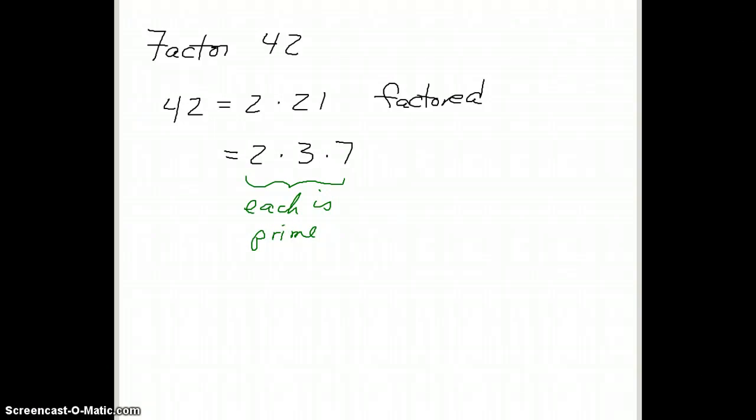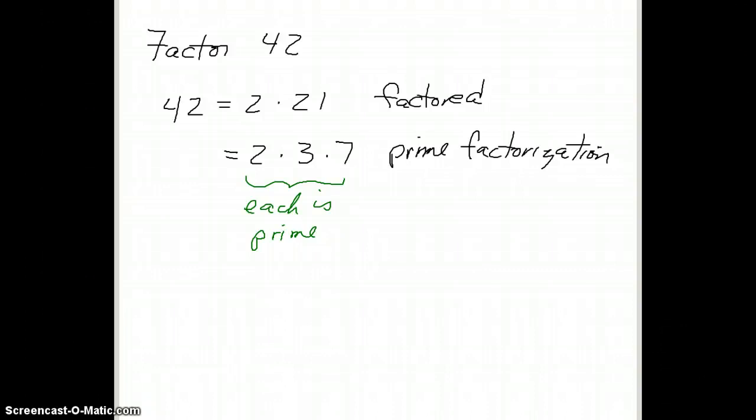So I just factored 42 into a group of primes. This is what we call prime factorization. And this will get used when we look for common denominators later on in this section.